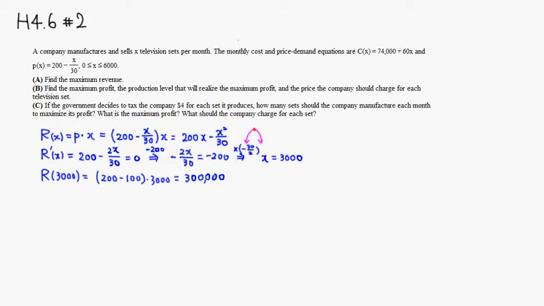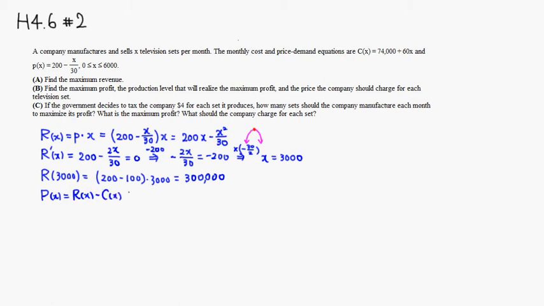Let's look at part B. Find the maximum profit, the production level that will realize the maximum profit, and the price the company should charge for each television set. So it's not just revenue, it's profit. The profit function is just the difference between the revenue function and the cost function.